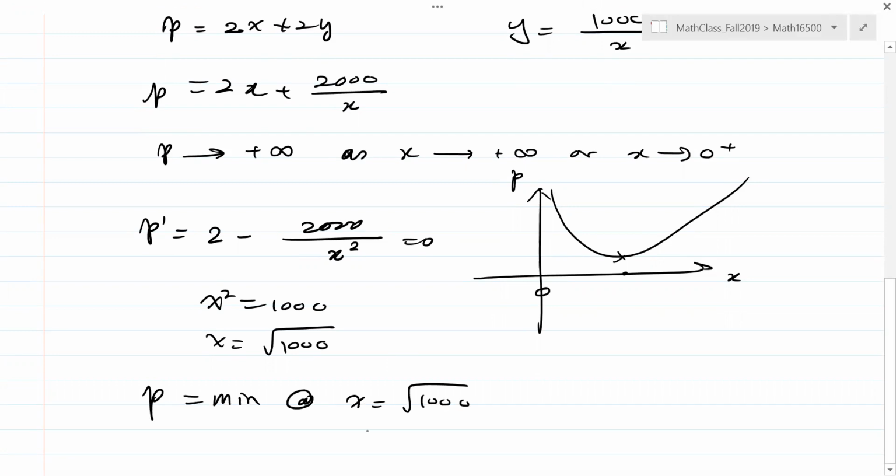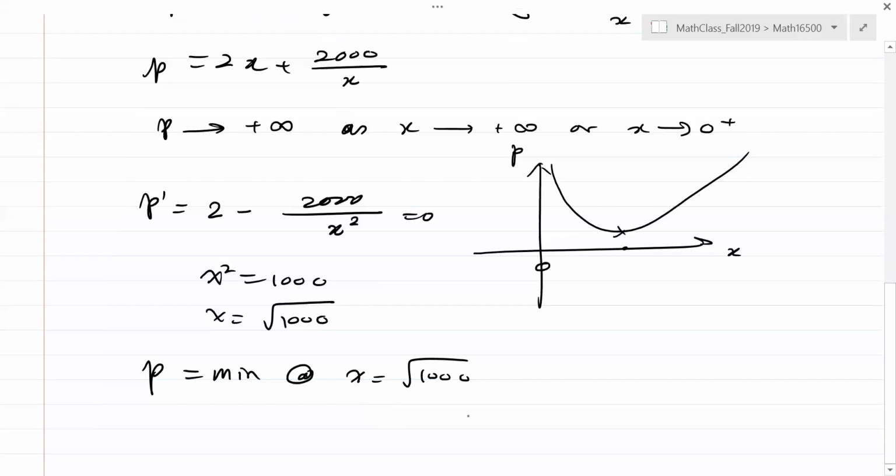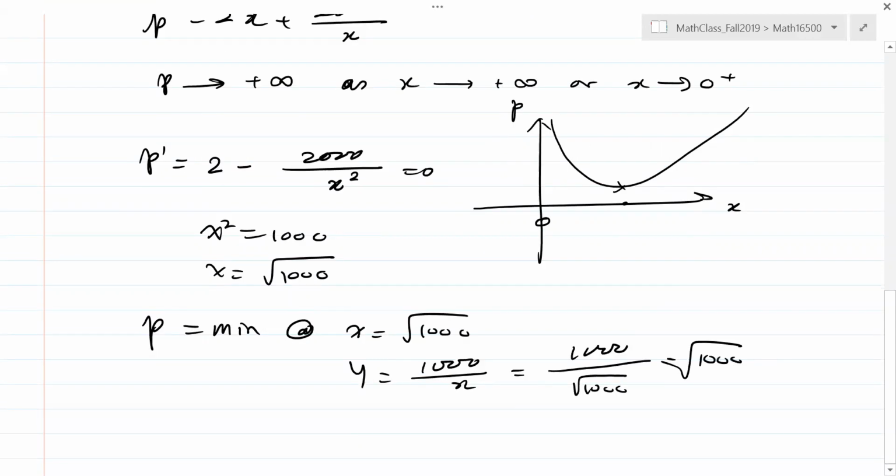Then in that case, what is y? y is also going to be 1,000 divided by x, which is the square root of 1,000, and I'm not surprised. It must be a square.